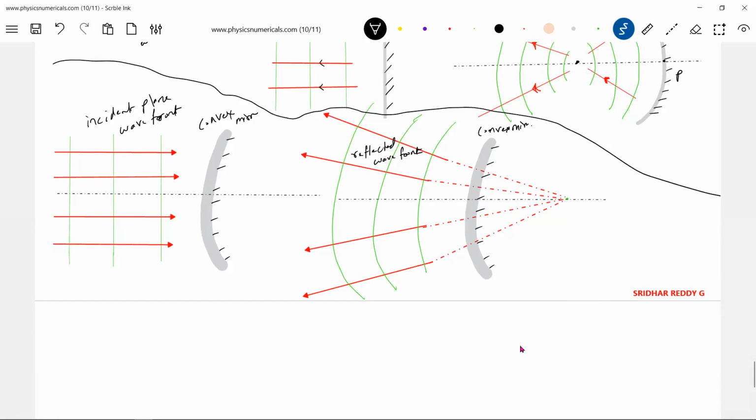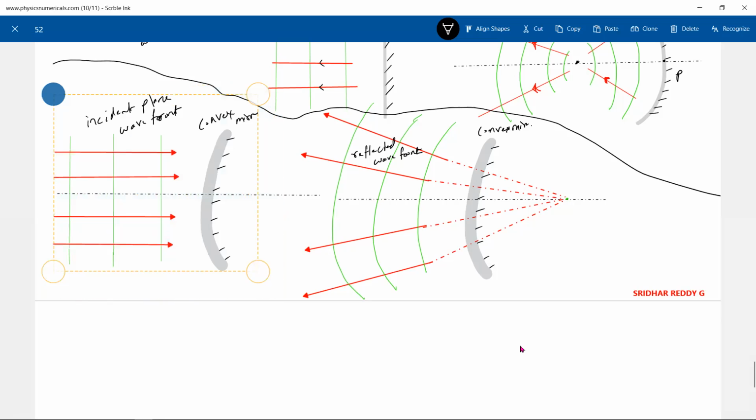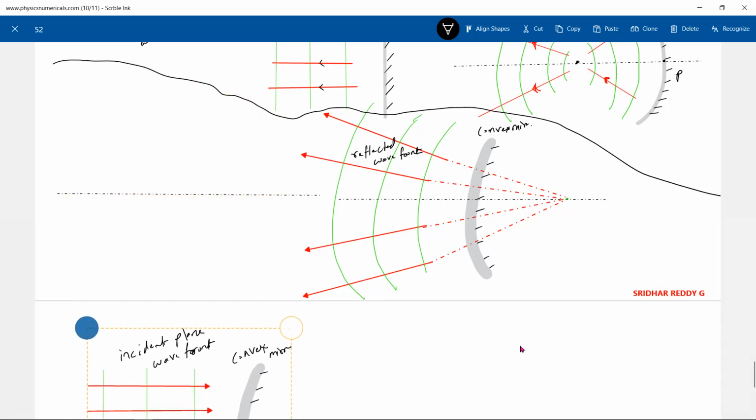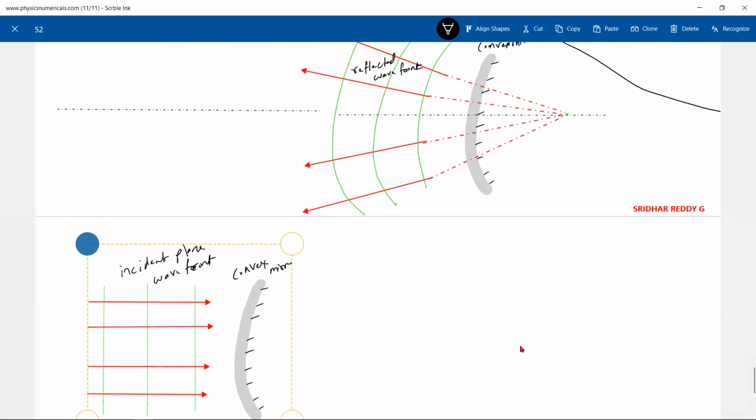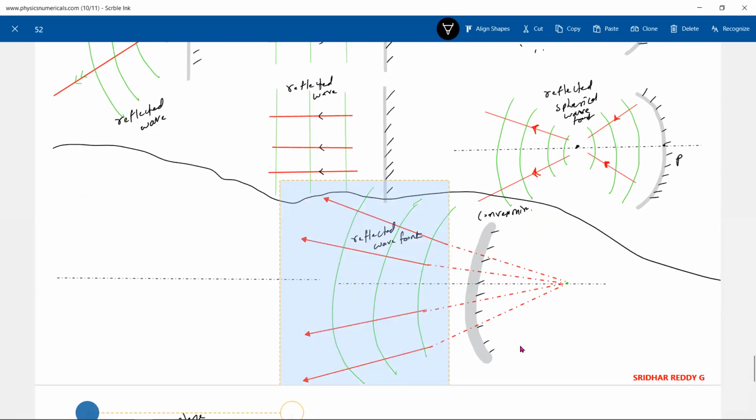Or we'll push it to the lower part so the diagram will become neat for you to understand.